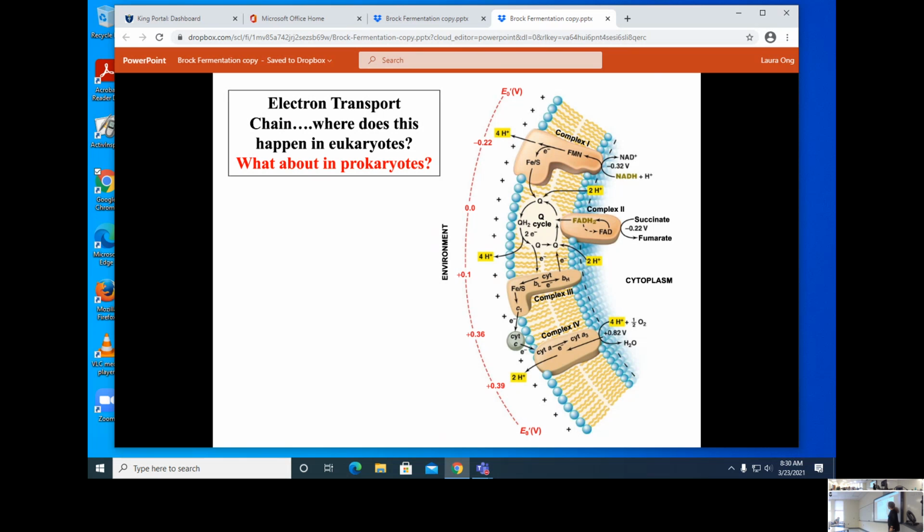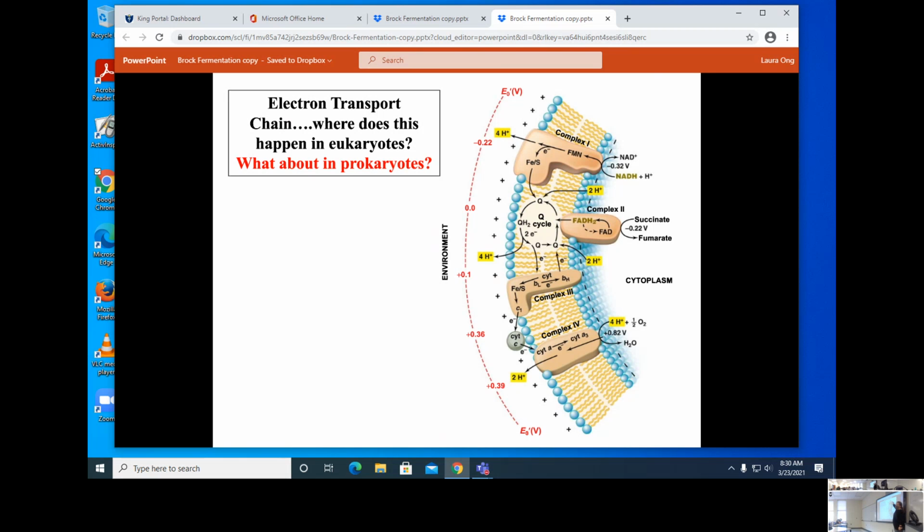So some things I'm going to highlight about this electron transport chain. We've still got NADH and FADH2 delivering electrons into this system.